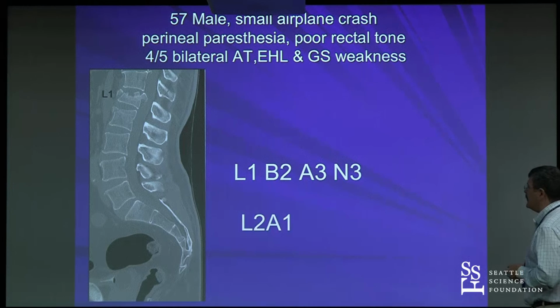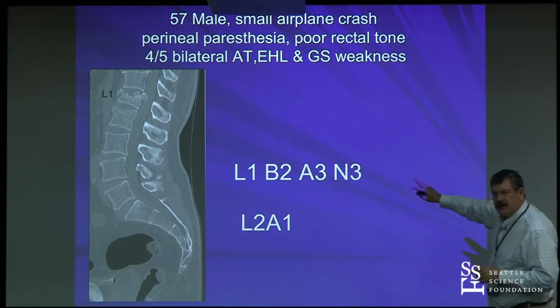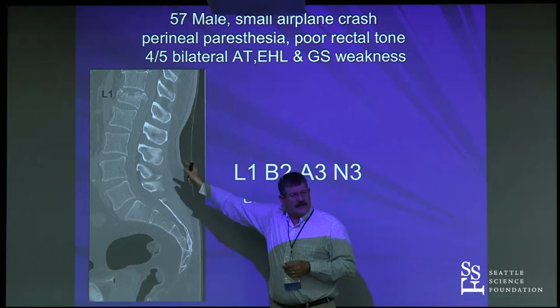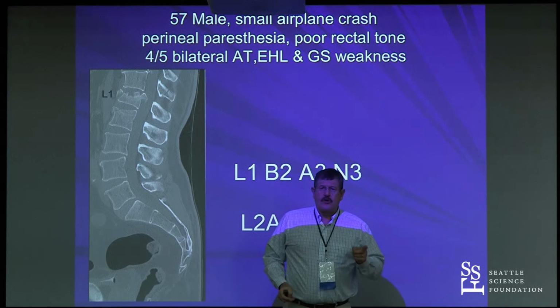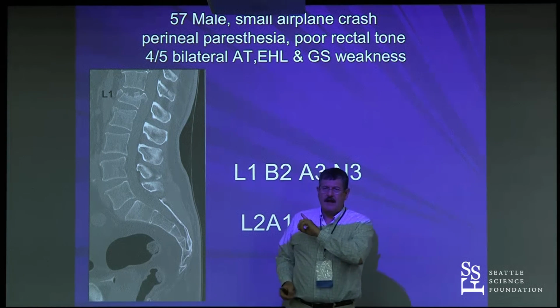And then, in addition, there's an L2 A1 injury. So I would postulate to you, if you closed your eyes and you didn't see that, and you understood that classification, and I told you that's what we had, you could have this picture in your brain.